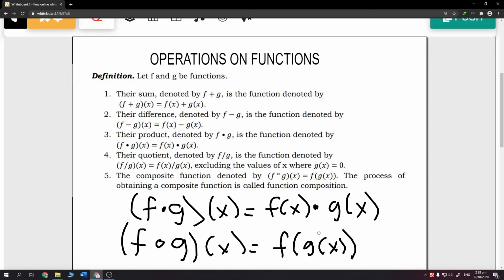That means g(x) goes inside f. So that is the difference between the two. The symbol for function composition is an empty circle, whereas the multiplication symbol is a solid dot.